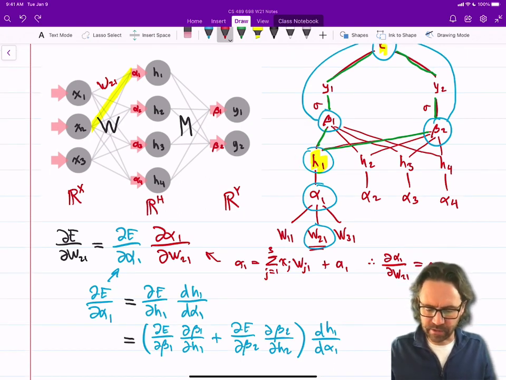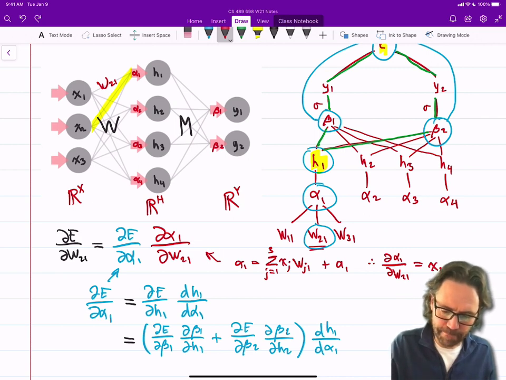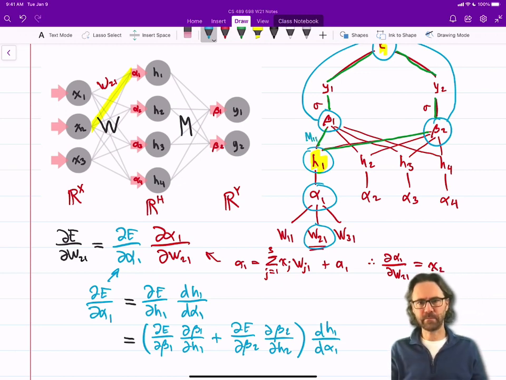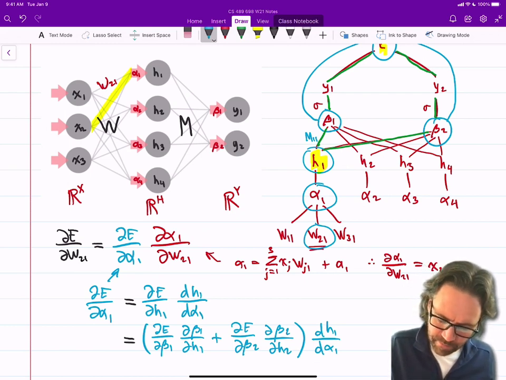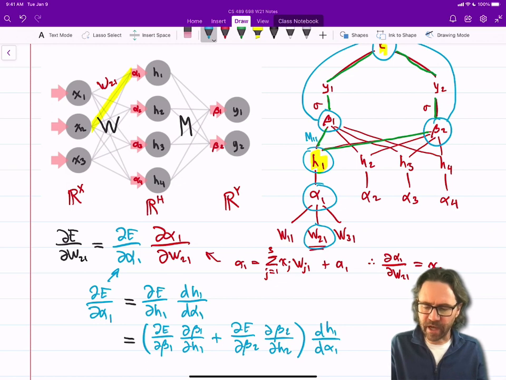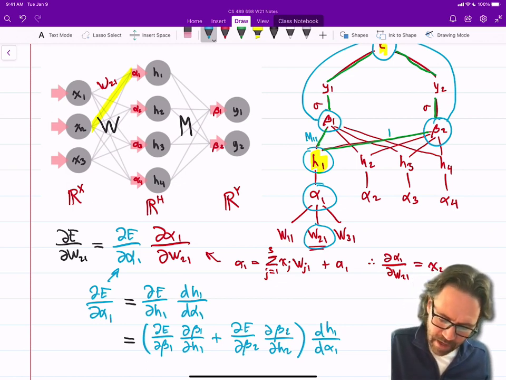It's basically just this weight here, which is M11. While we're up here, we're going to need ∂beta 2/∂H1 as well. What's that? That's M12.